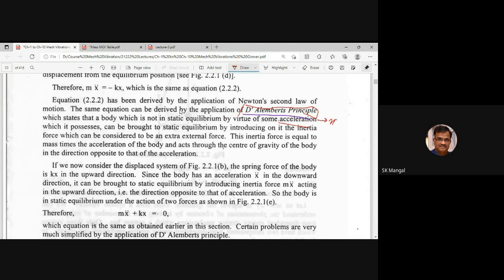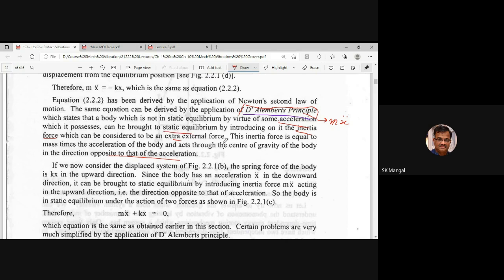In this case, this is your mx double dot, and you are having some direction for that force. If I introduce a pseudo inertia force as an external force, this inertia force will be the mass of the body into acceleration, and it will be acting opposite to the acceleration direction. If I apply this pseudo force to the mass, then your system will come under the static equilibrium condition.